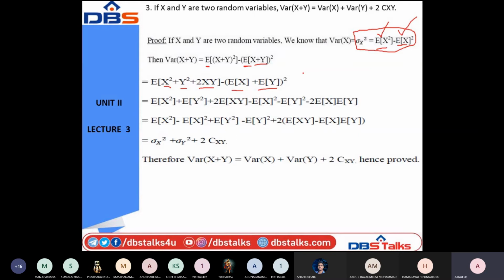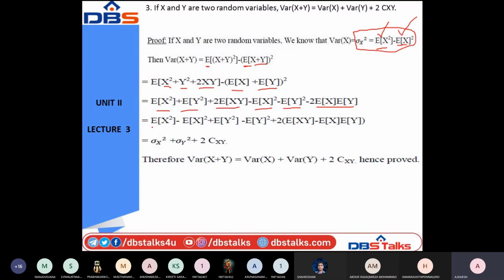Then, by taking individual expected values, that is E of X square plus E of Y square plus 2E of XY minus E of X square, minus E of Y square, minus 2 into E of X into E of Y.